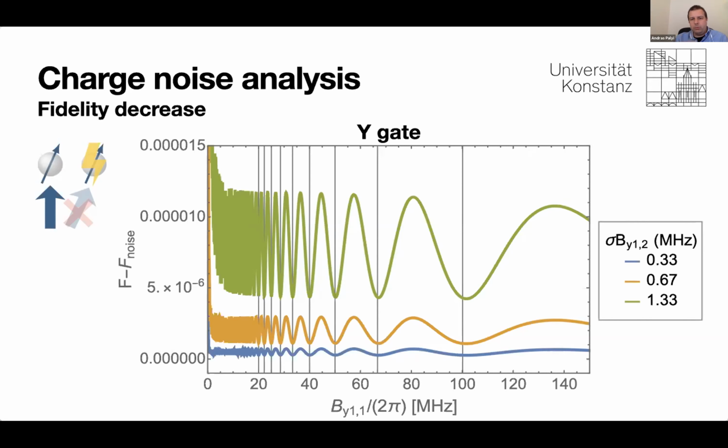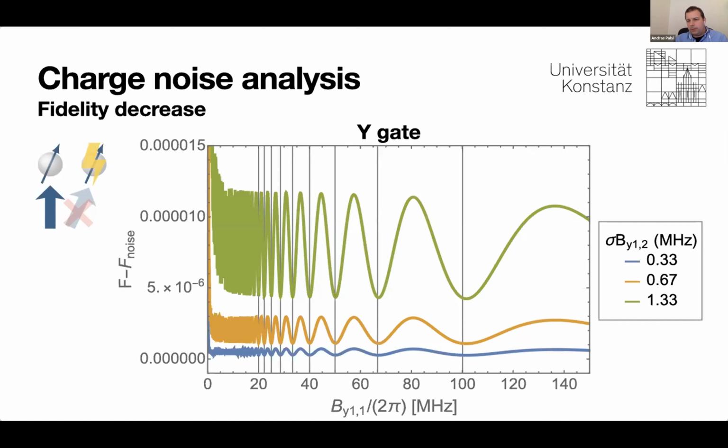Can I also think of that as being incorporated in this sigma BY12, or is that something completely different? Yes, I think this is something that we could think of. I don't know the noise spectrum of that exactly, but if we can model this with the Gaussian noise, then this is included within this.